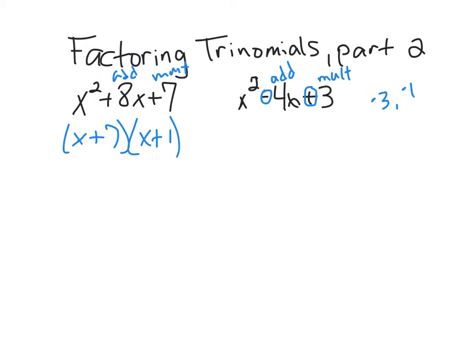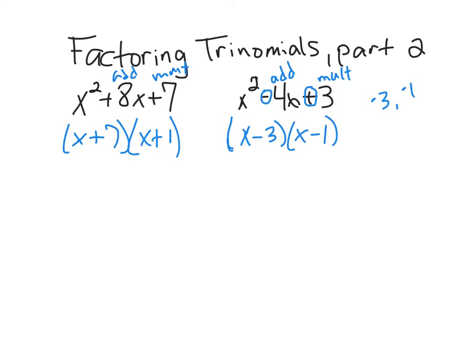If I have a minus in the middle and plus at the end, both of my signs are going to be negative. So this will be x minus 3 and x minus 1. Or, remember that the order of the parentheses doesn't matter, so I could write x minus 1 first and then x minus 3, and that would be equally correct.